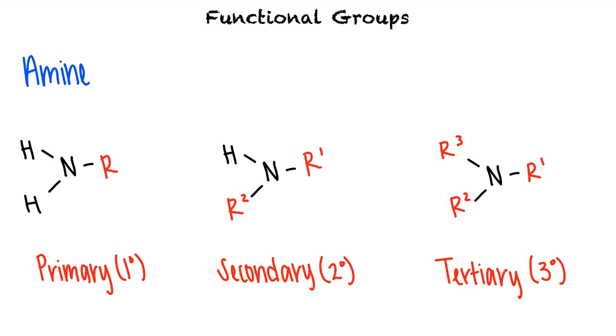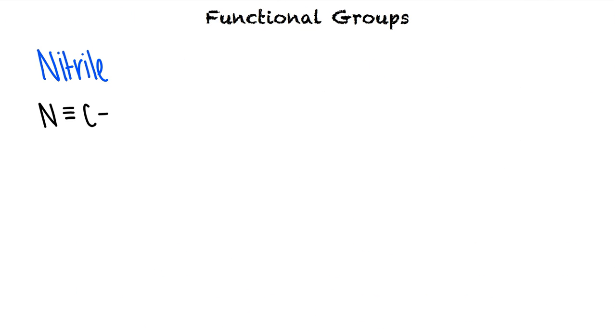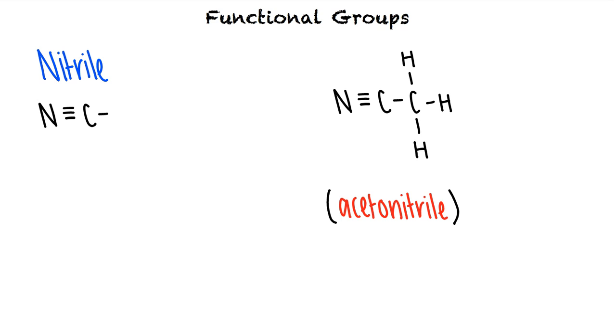For example, methylamine is a primary amine because the nitrogen is bonded to two hydrogen atoms and a methyl group. When carbon shares a triple bond with nitrogen, this is called a nitrile. For example, acetonitrile features two carbon atoms where one is triple bonded to nitrogen.